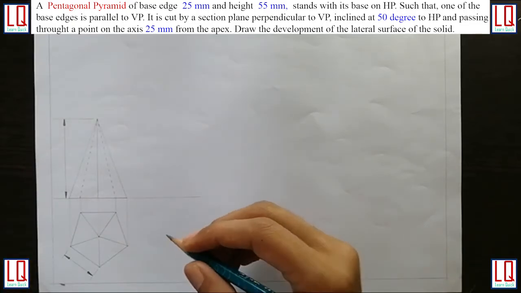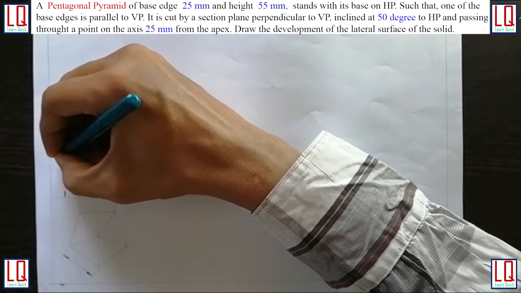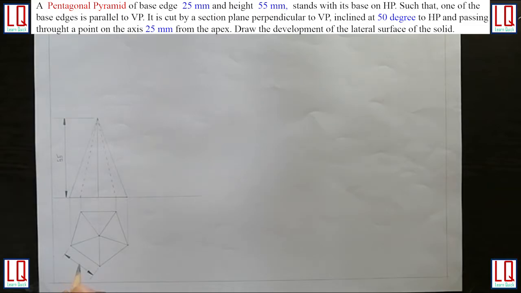So the height of the pentagonal pyramid is 55 mm. The side length of the base is 25 mm.